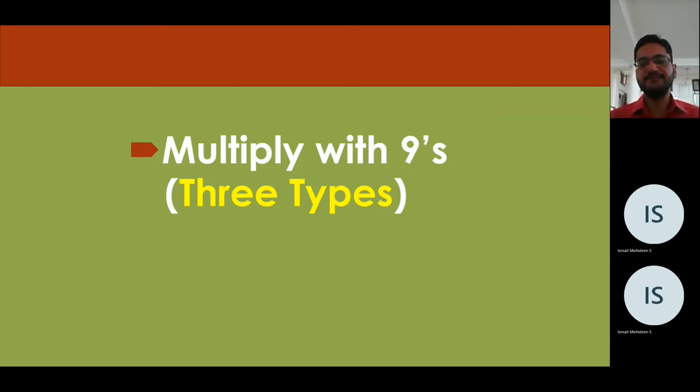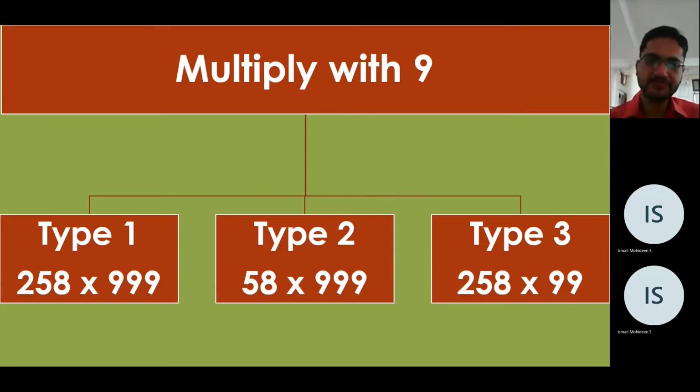Now next method is multiplying with 9s. Here we have 3 types. In the first type, we have the same number of digits in both sides. 258 with 999. Here we have 3 digits and 3 nines.